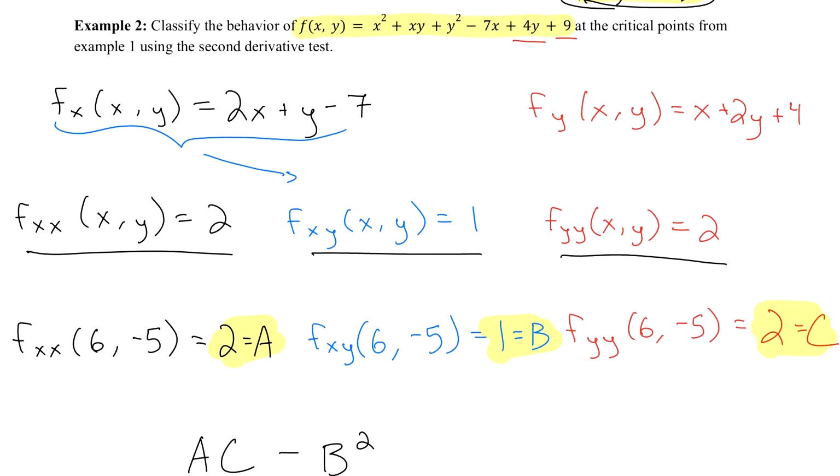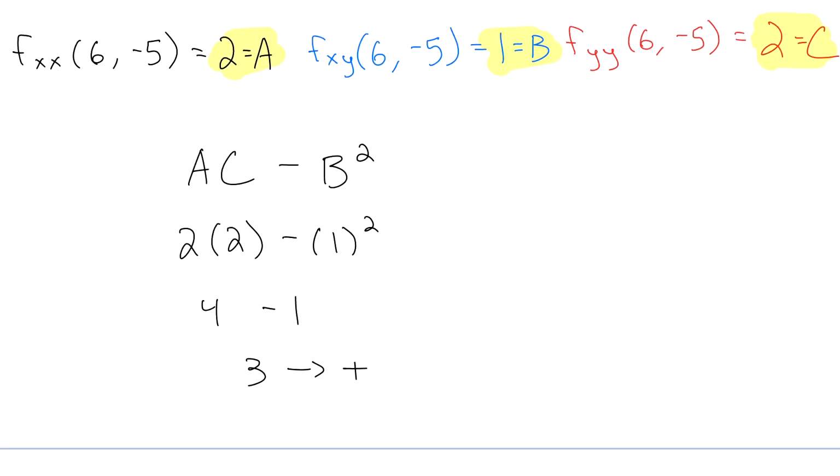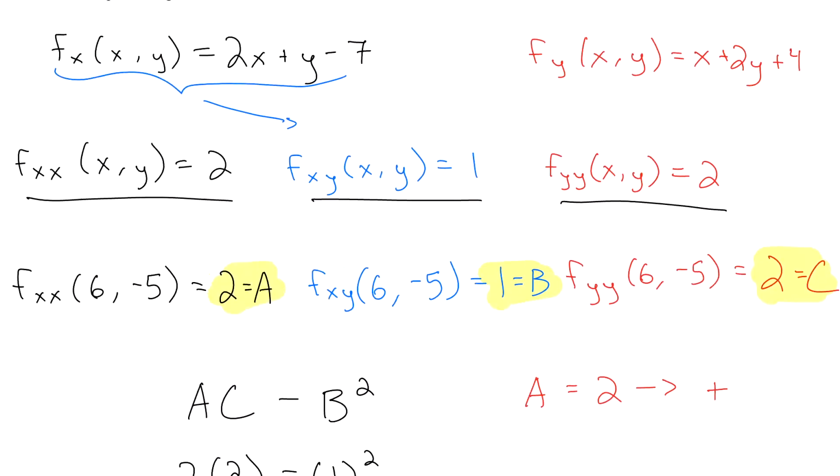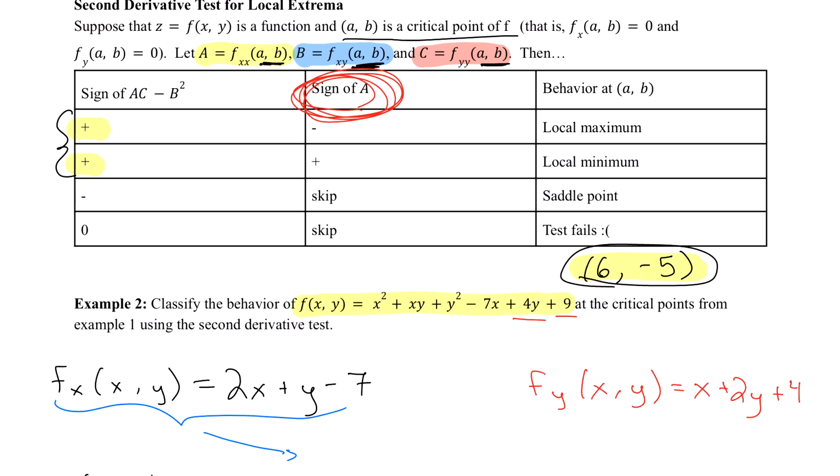So if I check the sign of A, scroll down one last time, A is 2, which is positive. So we know that A is positive. We scroll back up one final time. We know that A is positive, so we are looking at this row right here. That means that we must have a local minimum at our critical point.